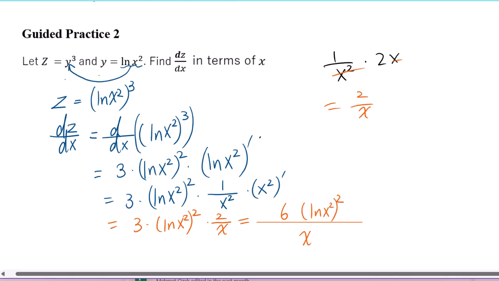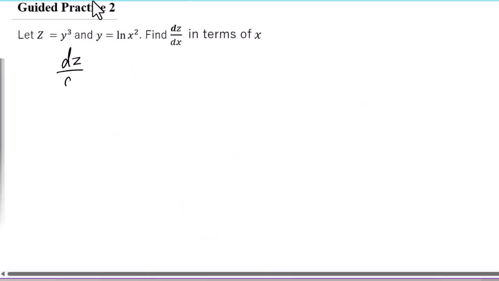We have another way to work out this question. We make dz dx equals dz dy times dy dx. dz dy, use the power rule, we will get 3y squared times dy dx.